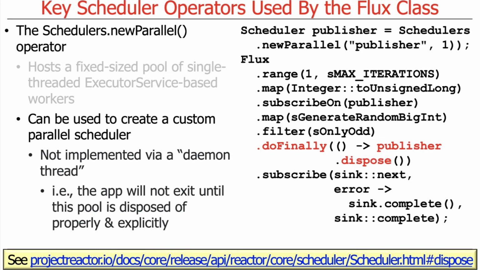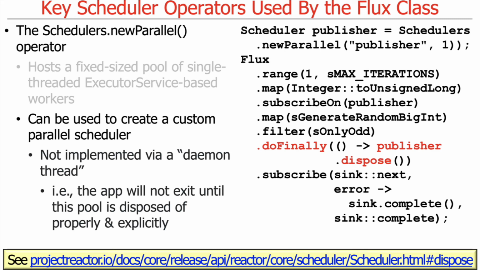So you can see that we make the publisher up here, and then we have our little pipeline of Flux operators, and we use the doFinally operator. I haven't really talked about doFinally yet. I probably should have talked about that earlier. But doFinally is kind of like a destructor for a Flux pipeline, a chain of Flux operators, and it's going to be called when we're done.